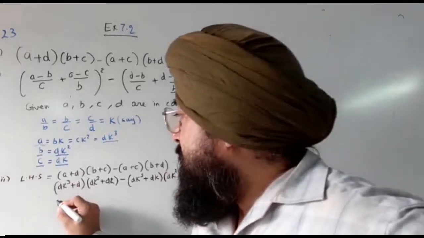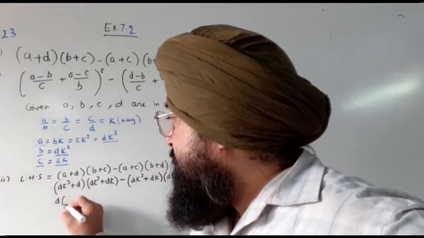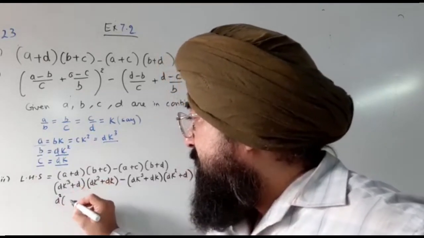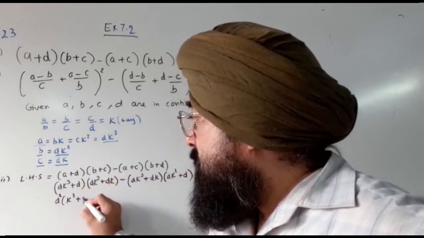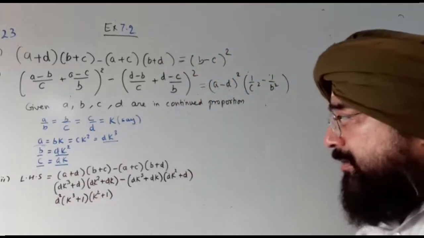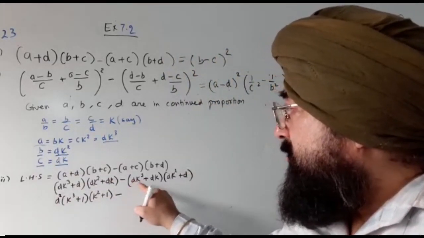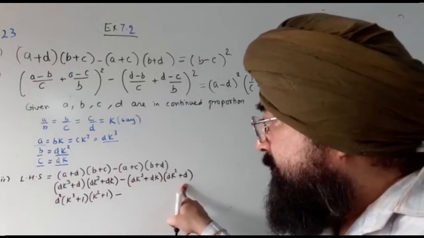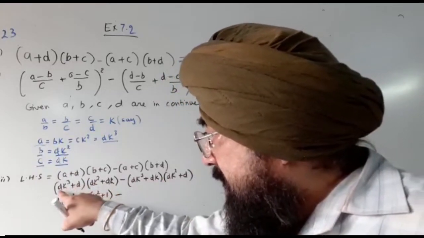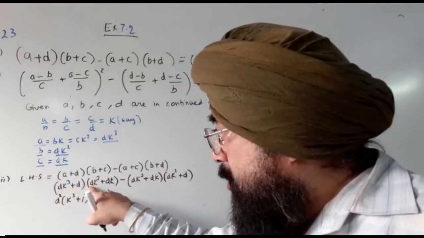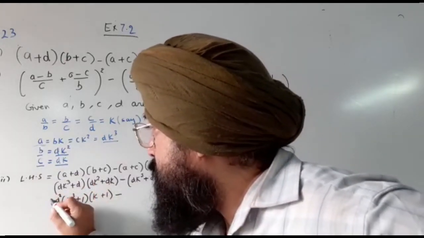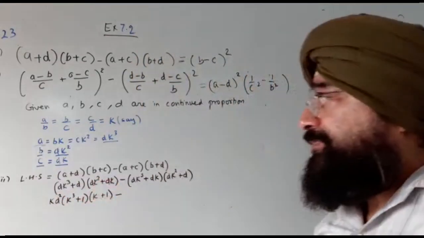So if now I take D common from this bracket and D common from this bracket, I get D square in the bracket, (K cube plus 1) into (K square plus 1). While if I take D common from this bracket, I can take K common also here, so I am left with K plus 1.